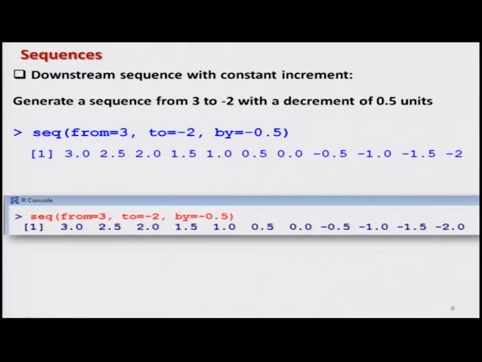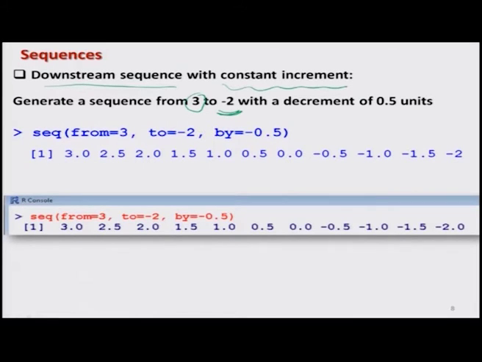right. Now I take another example where I find a downstream sequence, that means the values are decreasing and there is a constant increment. So I generate a sequence starting from 3 to -2, which is going in the downward direction.